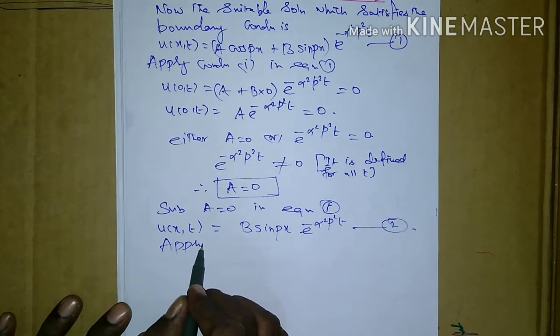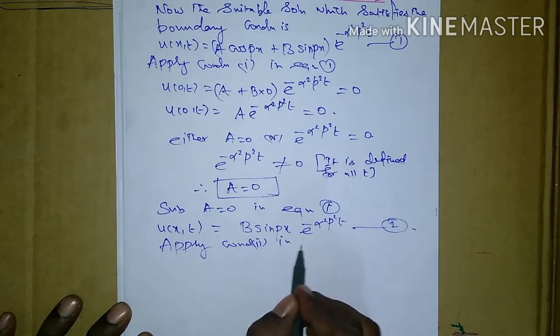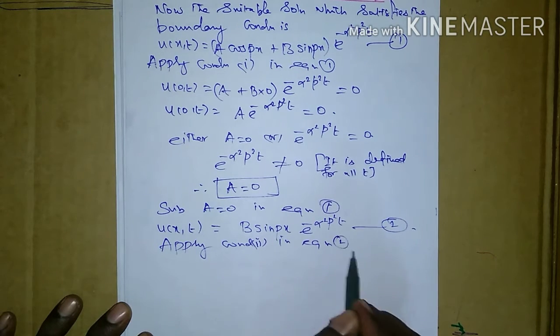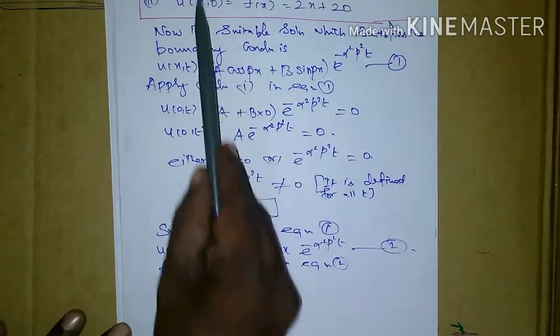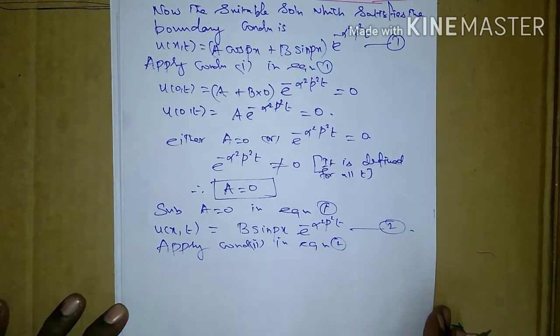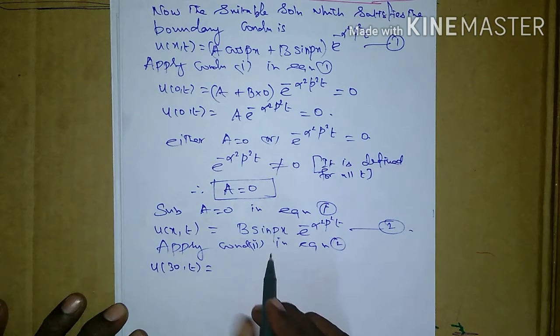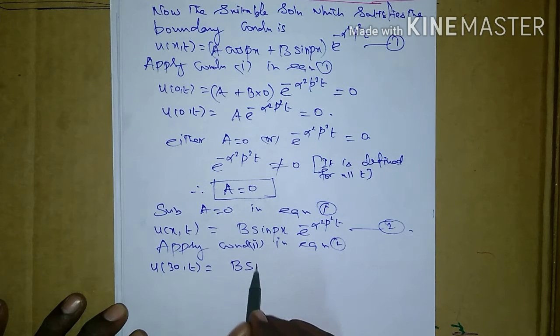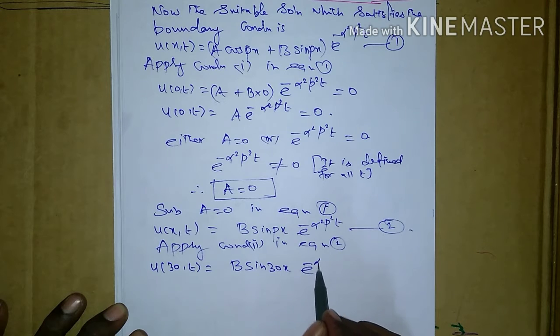Apply condition 2 in equation 2. We get the condition 2 is equal to u of 30 comma t. Here x is equal to 30 and right hand side is 0. Therefore, u of 30 comma t, x is equal to 30, b sin 30p e power minus alpha square p square into t is equal to right hand side 0.